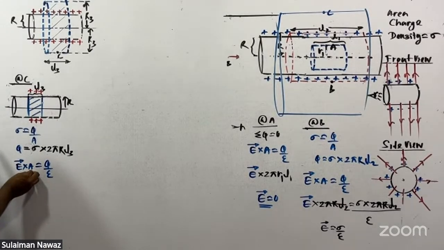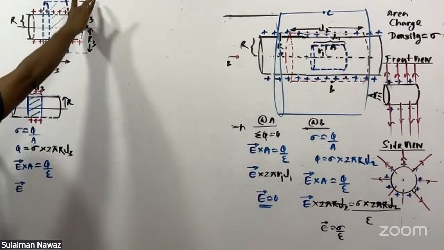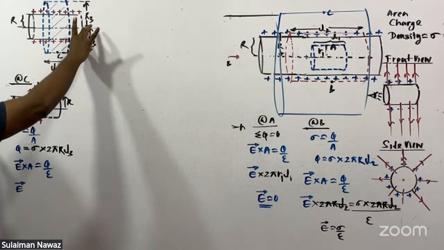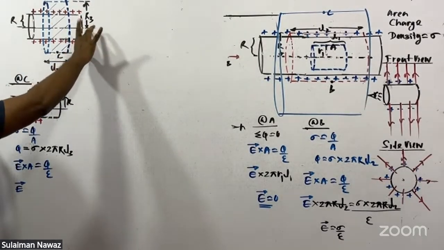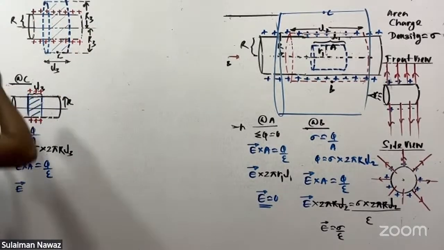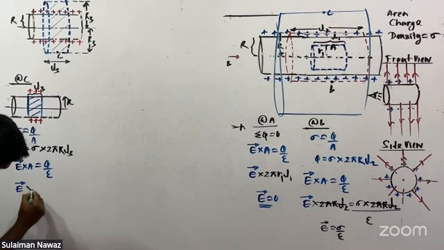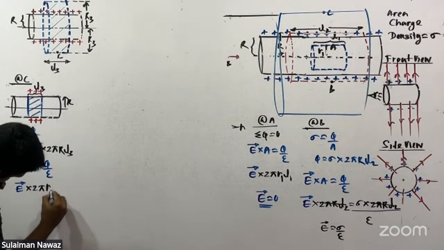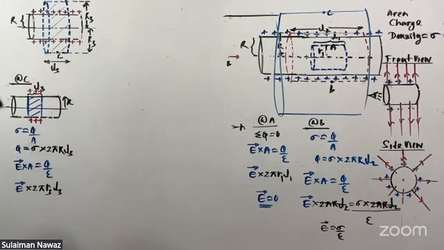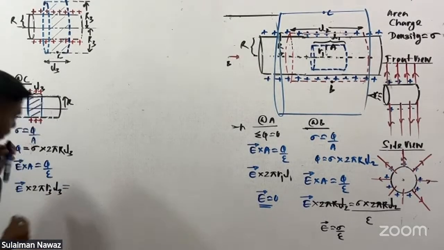How do I find the blue color Gaussian surface area? The distance to point C is R3 from the center of the cylinder, so the radius is R3, then 2 pi R3 into L3. 2 pi R3 into L3 must be equal to the total charge.